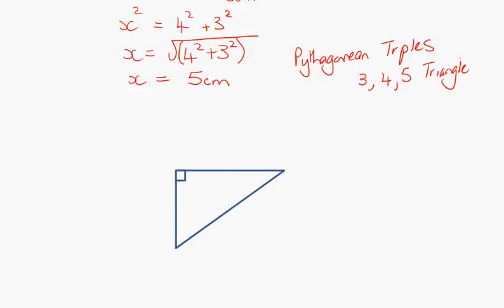Now let's use some decimals, and we'll put some different numbers in. 28.3, 15.8, we'll call it meters this time, and we need to find x. So let's use Pythagoras' theorem again. X squared equals 15.8 squared plus 28.3 squared.